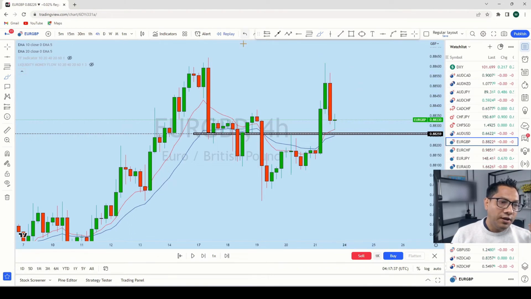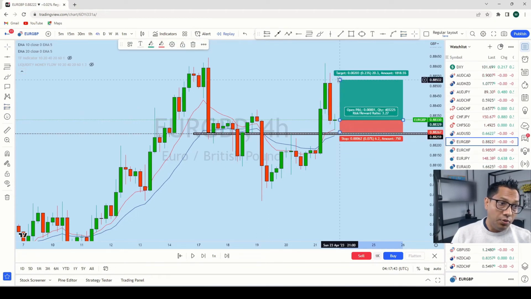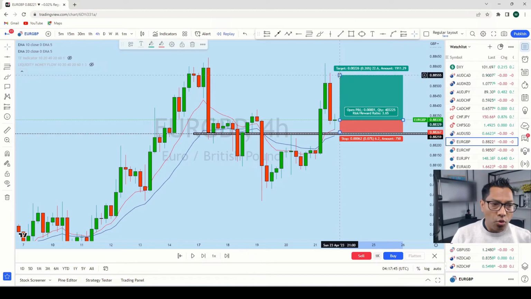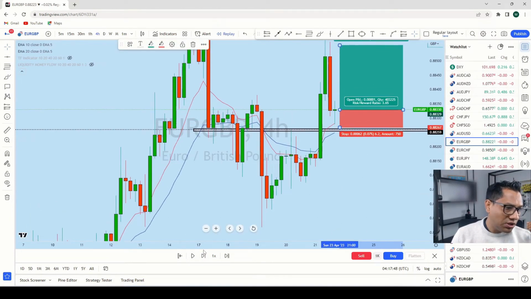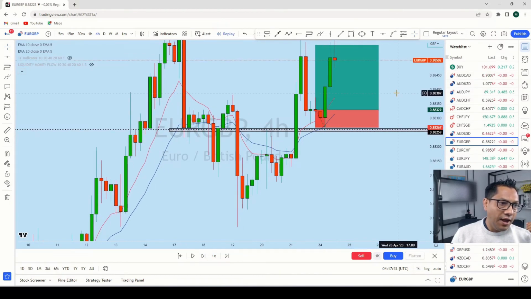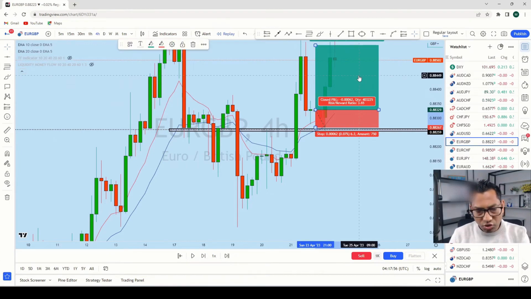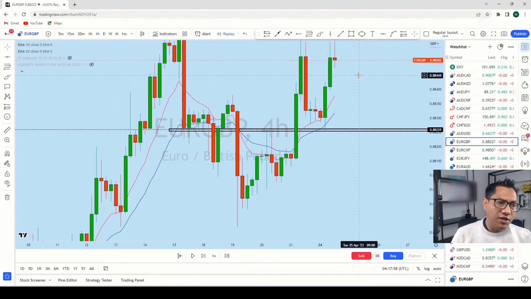This is where everyone is going to be impatient, going long, with stop loss below this low and probably take profit 3 to 1, 4 to 1 risk to reward ratio, just to see that in fact the market comes and hits your stop loss and then goes straight to your profit target.